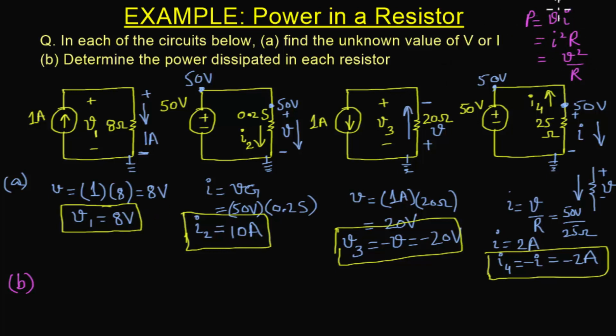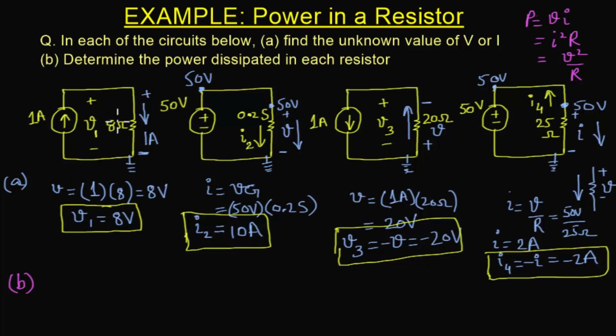We can use any of these equations to calculate power for these resistors, and all of them would yield the exact same answer. And after solving part A, we have all the unknowns related to resistors. For all the resistors, we know their values, their currents, and their voltages. So we can pick any of these forms. So let's figure these out one by one.